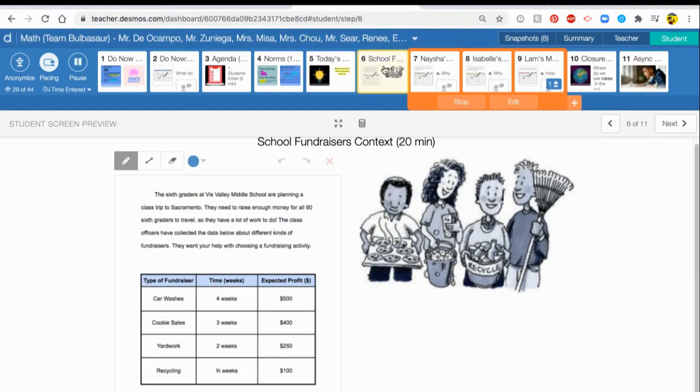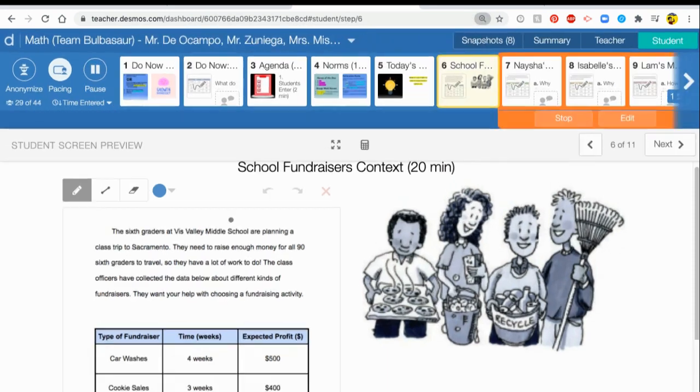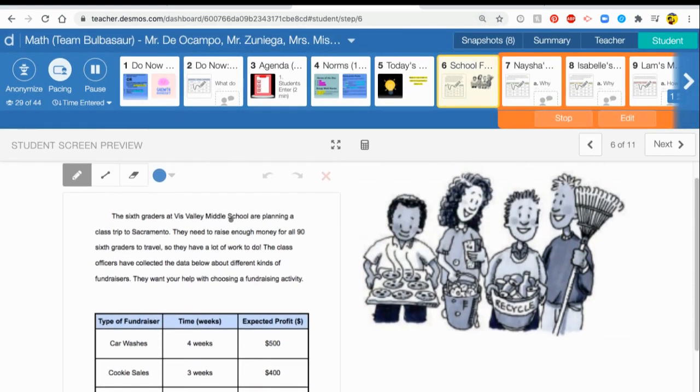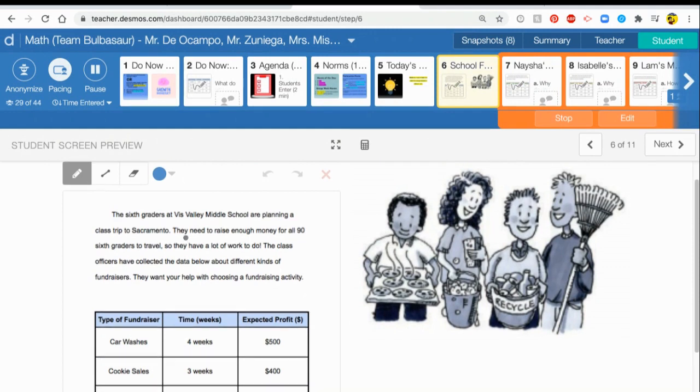So this is page 6, but you'll notice that page 6 is locked. So you won't be able to get back to it, but it's good to know what these problems are about. So page 6 says, the 6th graders at Viz Valley Middle School are planning a class trip to Sacramento. They need to raise enough money for all 96 graders to travel. So they have a lot of work to do.